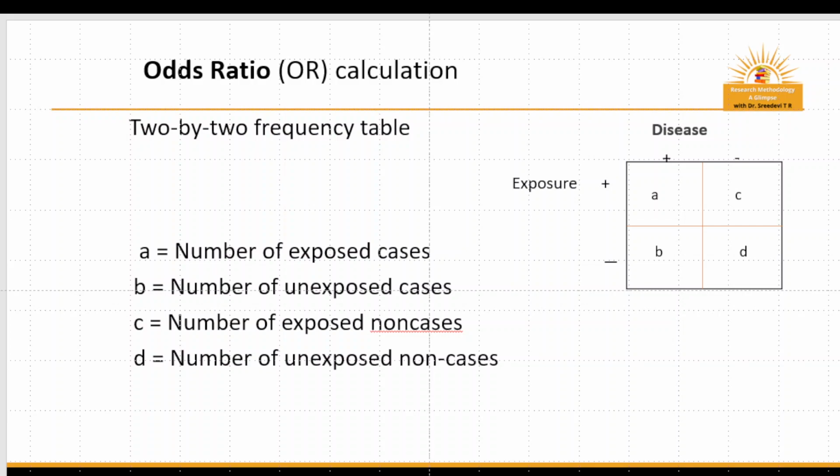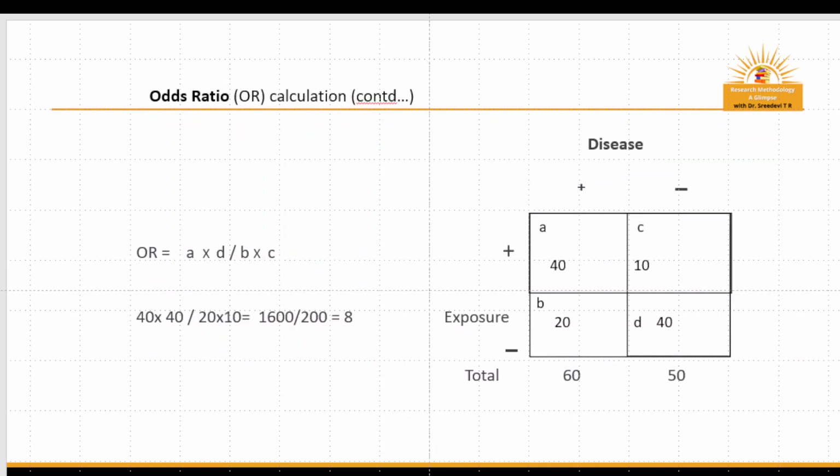Let us look at this with an example. 60 patients with lung cancer, 40 of them smoke regularly. 50 samples without lung cancer, 10 of them regularly smoke. How to calculate OR? OR equals A into D divided by B into C. That is 40 into 40 divided by 20 into 10 equals 8.